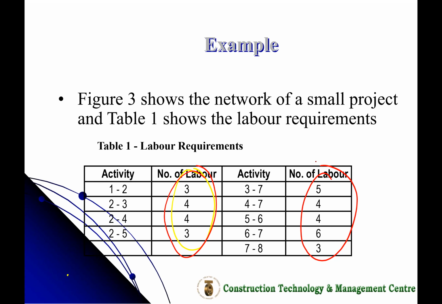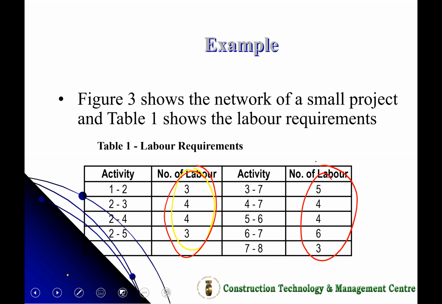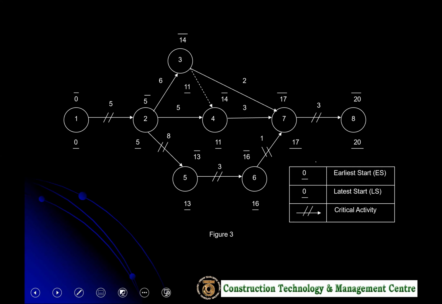So duration should be given also. Other than duration, we input the laborers, and then what would happen to our scheduling? Now, in order to solve this problem, we need to draw either an AOA diagram, AON, or PDM diagram.